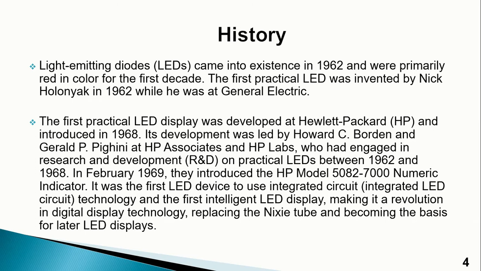In February 1969, they introduced the HP model 5082-7000 numeric indicator. It was the first LED device to use integrated circuit technology and the first intelligent LED display, making it a revolution in digital display technology, replacing the Nixie tube and becoming the basis for later LED displays.